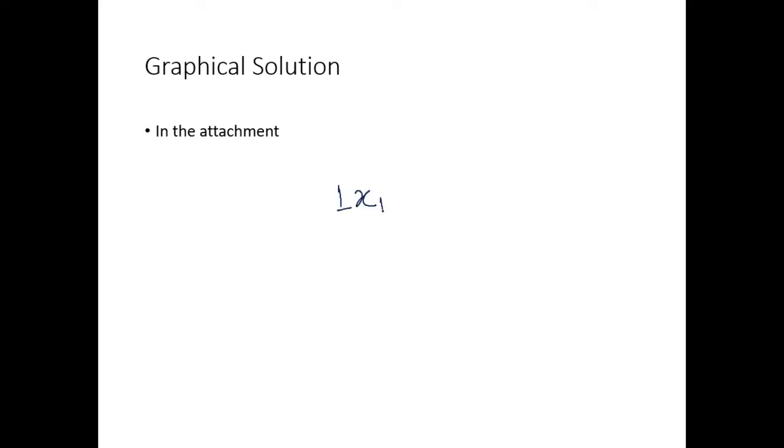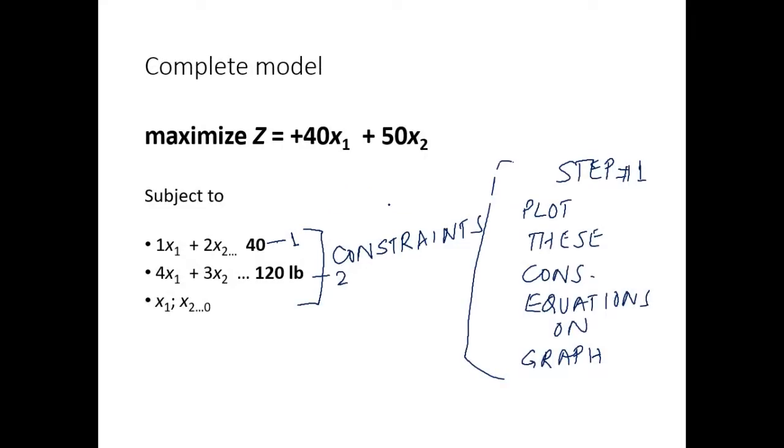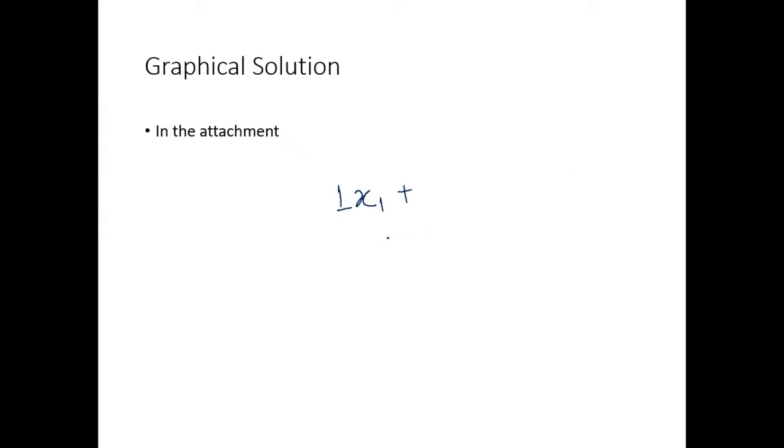Please help me by writing on the group so that I don't have to switch again and again. 1x1 plus 2x2 is equal to 40.